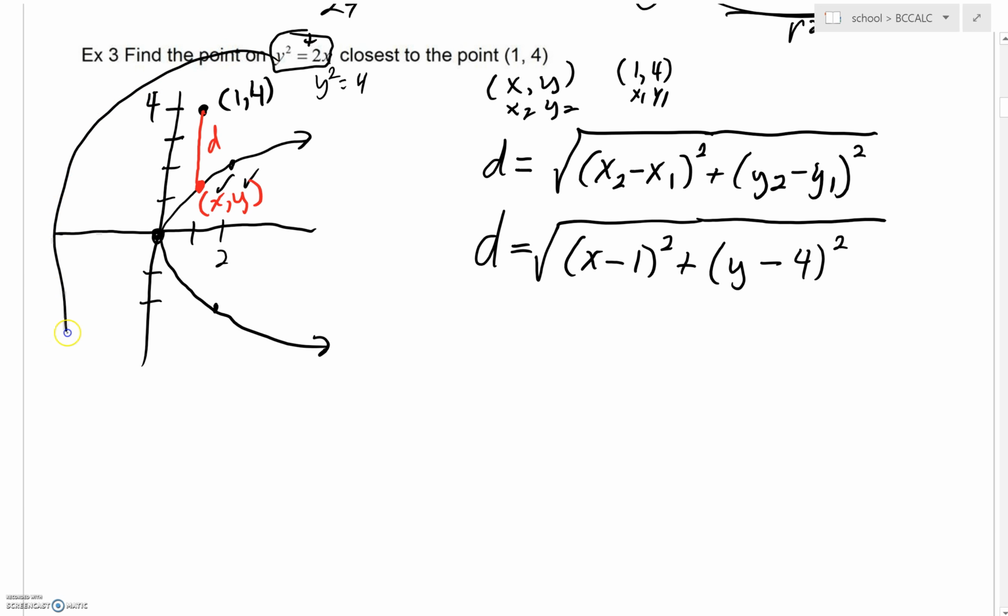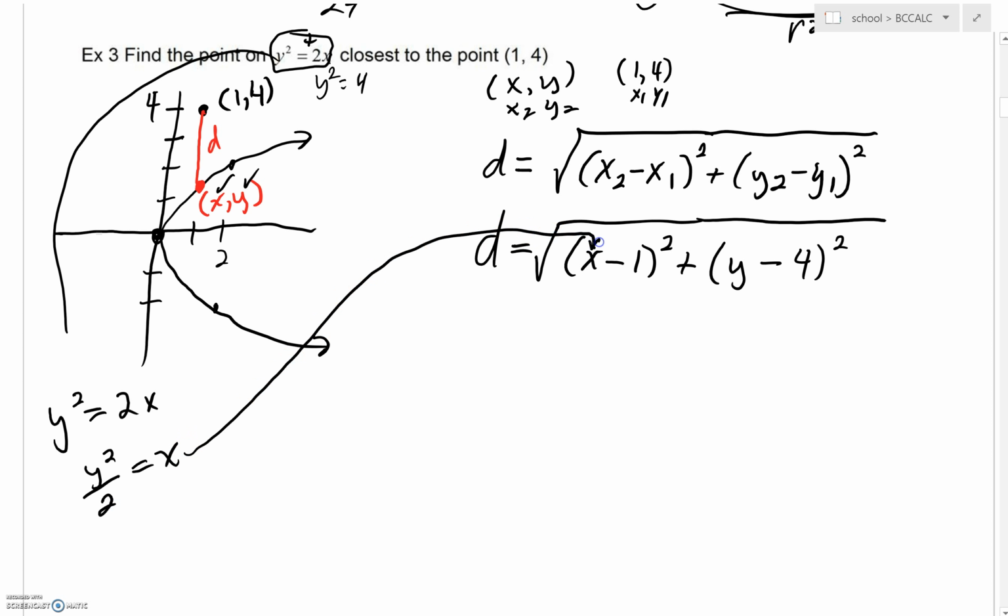Take a look at the y squared equals 2x, though. If I were to solve, say, for x, I could then substitute in, and I could say, you know what, I can get this down, thank goodness, to just 2 variables.